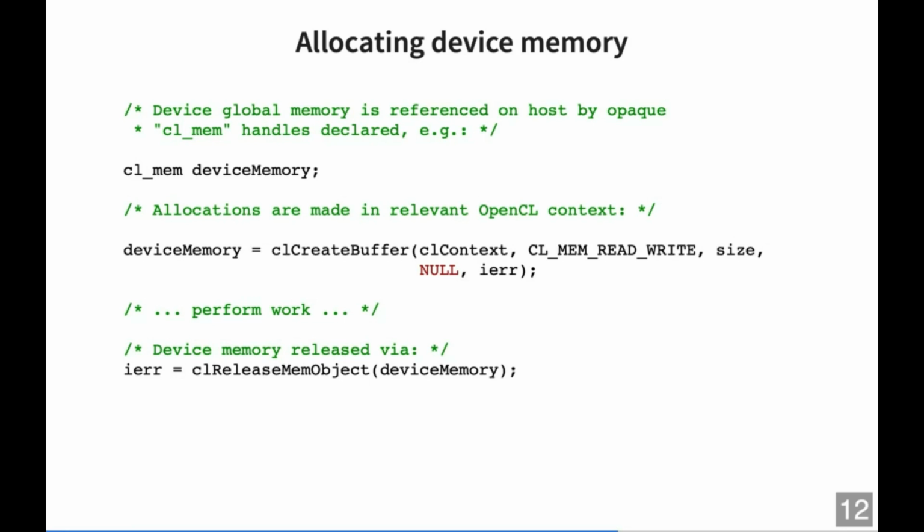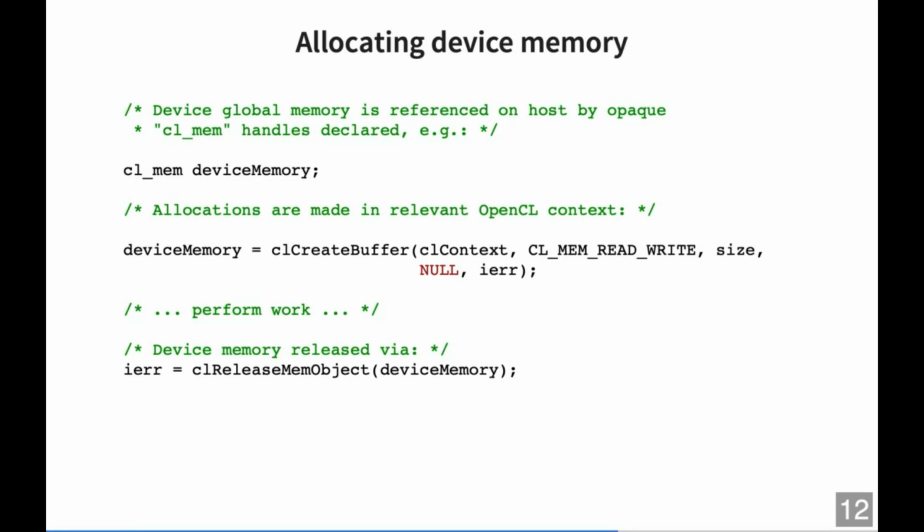And then there are some values, the first of which is a special value, this CL_MEM_READ_WRITE, which is saying this memory is both going to be read from and written to, and a size in bytes, and another couple of arguments which we don't need to think about here.